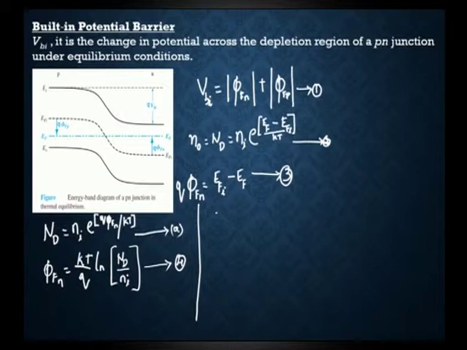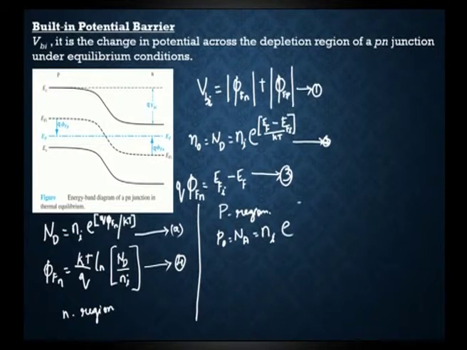Now we are going to find it for the P region. That was for the N region. The hole concentration in the P region is equal to the acceptor concentration, which is equal to Ni times e to the power of (EFi minus EF) divided by kT.